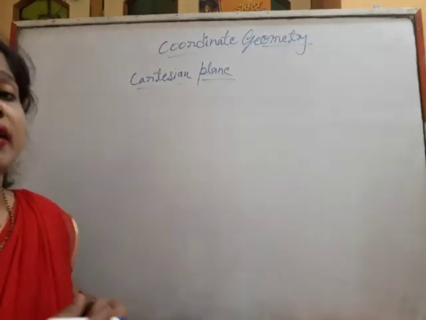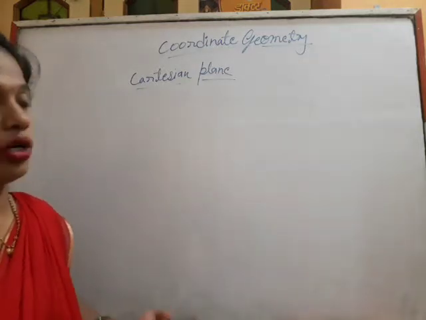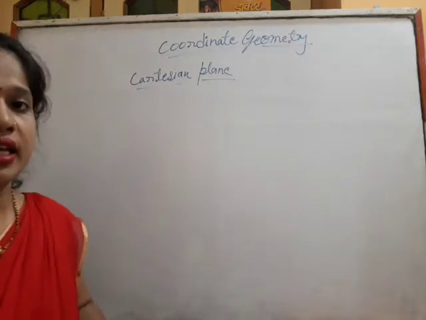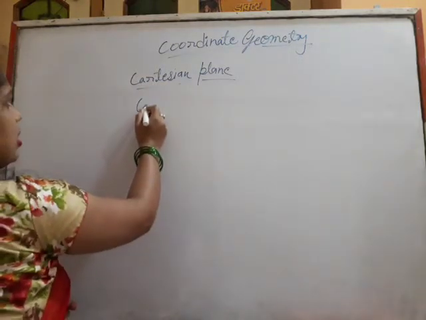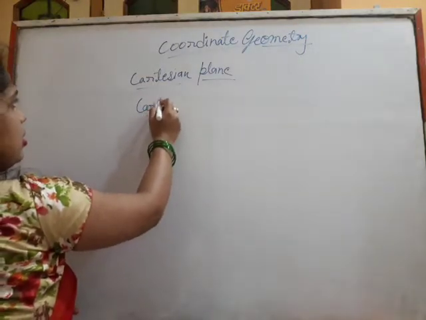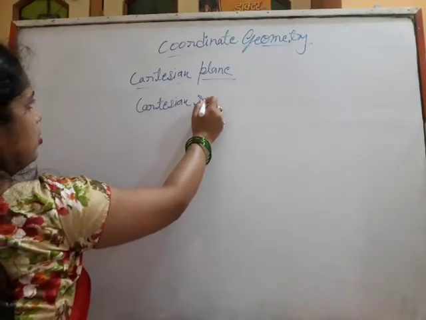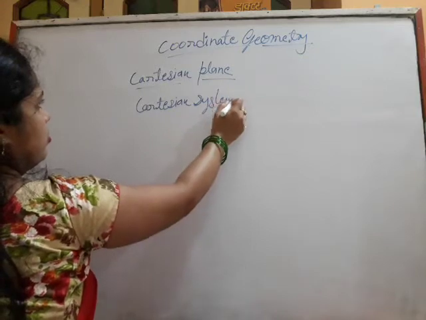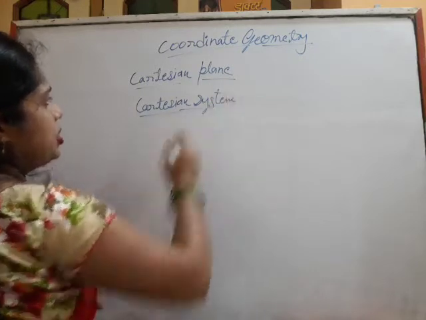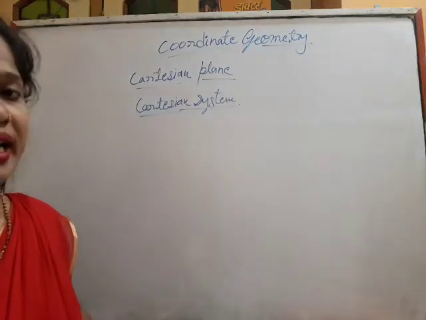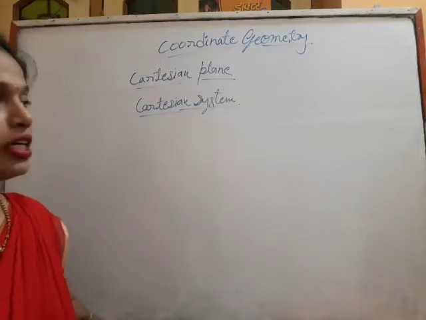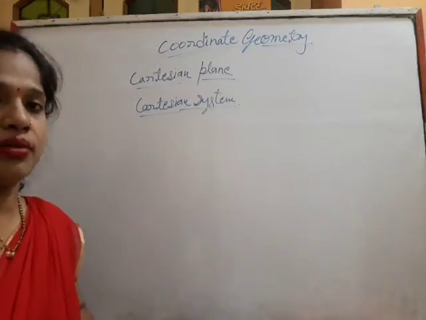And there is a system in which we deal with these things. That system is known as the Cartesian system. The Cartesian plane we study in this system is known as the Cartesian system.